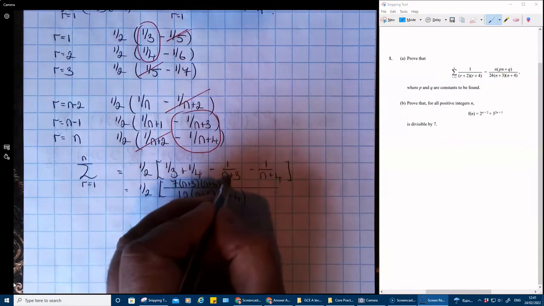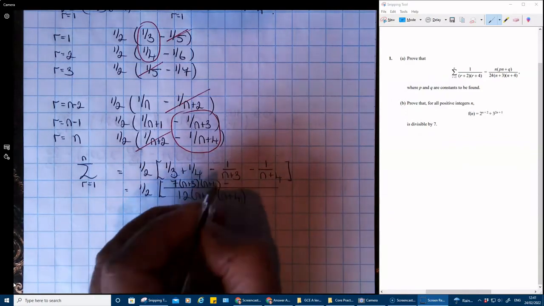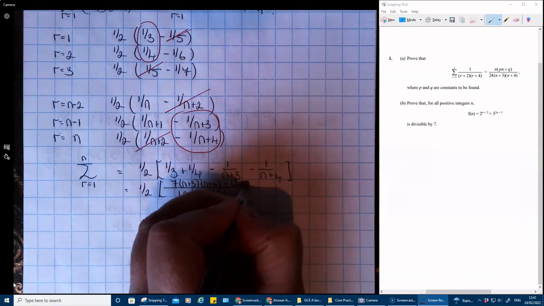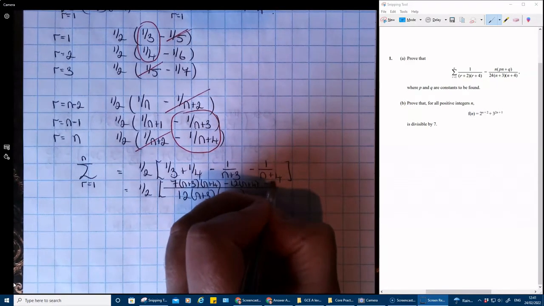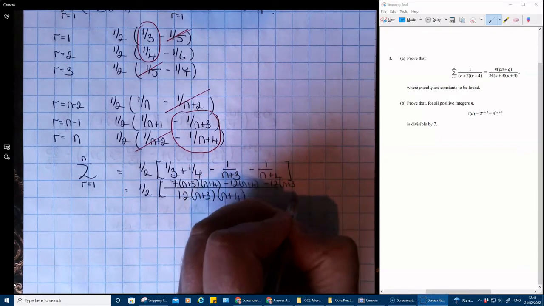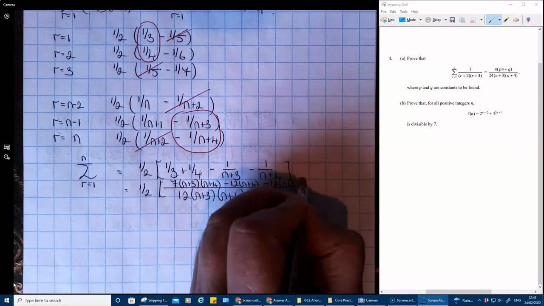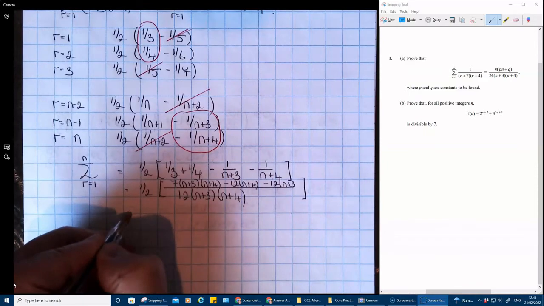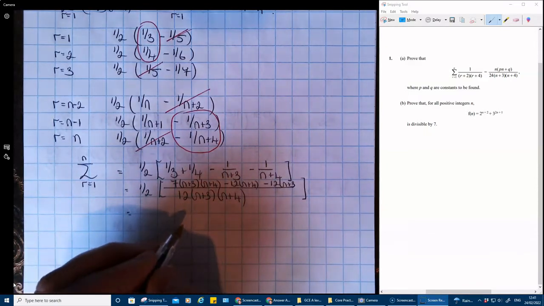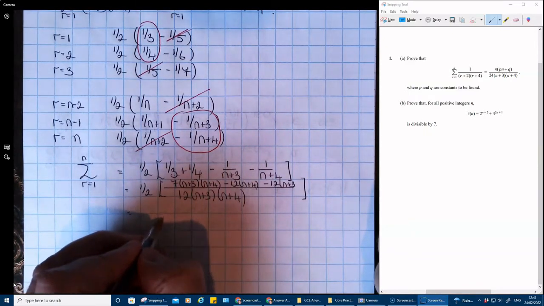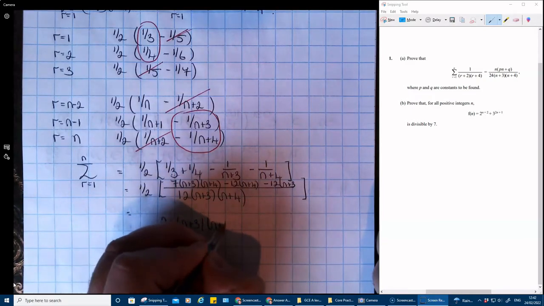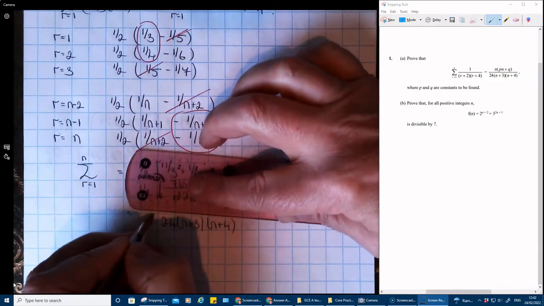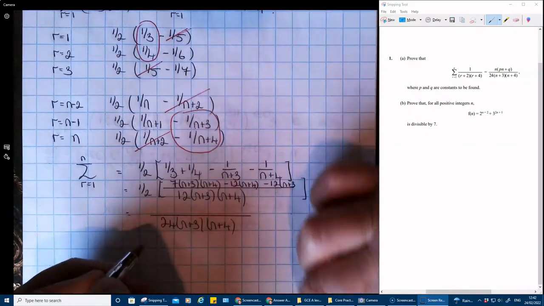Take away, I've got 12 missing, so it's 12(n + 4), and take away 12(n + 3). So therefore the bottom is what I want. It's 24(n + 3)(n + 4). And we kind of just have to hope the top works out. We know what we're aiming for.